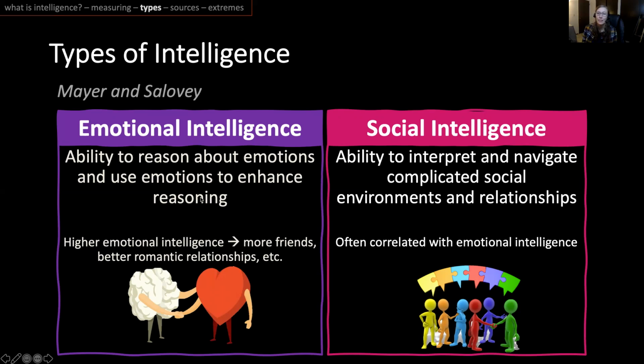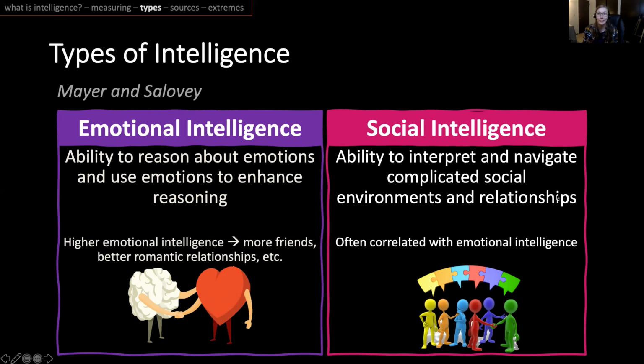Things like being able to identify body language, facial expressions, tone of voice, etc. Being highly emotionally intelligent tends to lead to more friends and better romantic relationships, because you're able to better pick up different emotions. People who are higher in emotional intelligence also tend to be happier overall because they're able to identify and use emotional states to relate to others and manage their own feelings.